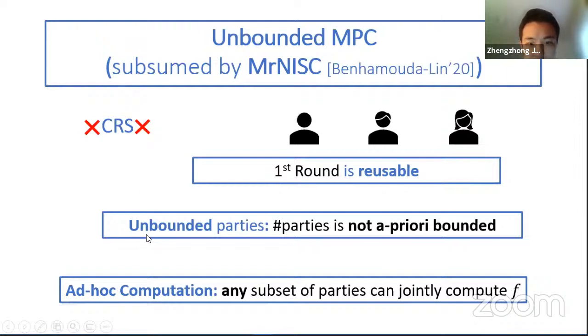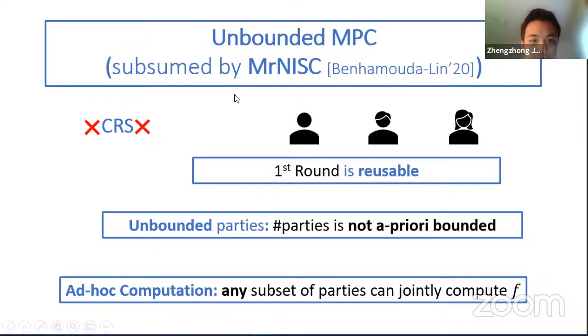We require that the first round message satisfy the unbounded parties property, where the number of parties is not bounded by the first round messages, and any subset of parties can jointly compute some function f in the second round. In this work, we call this MPC protocol an unbounded MPC.